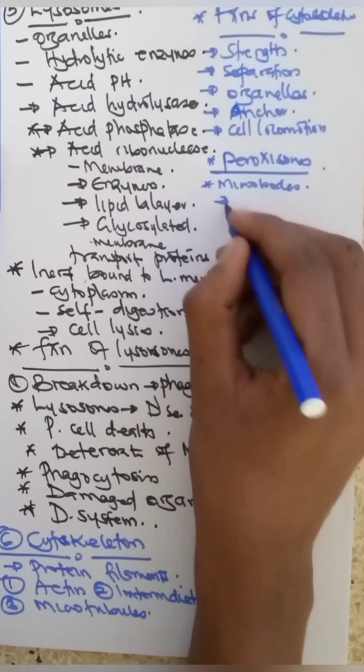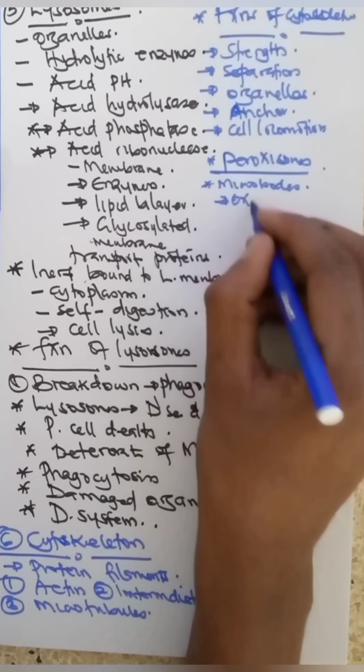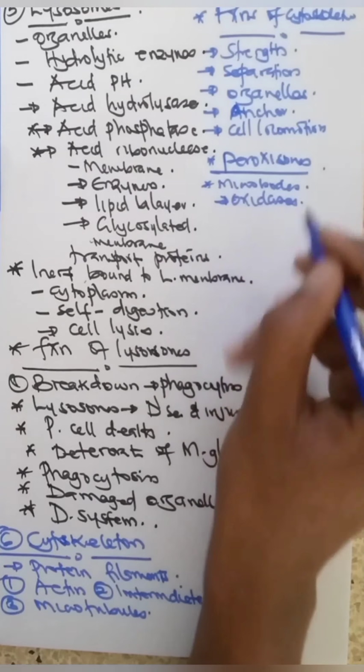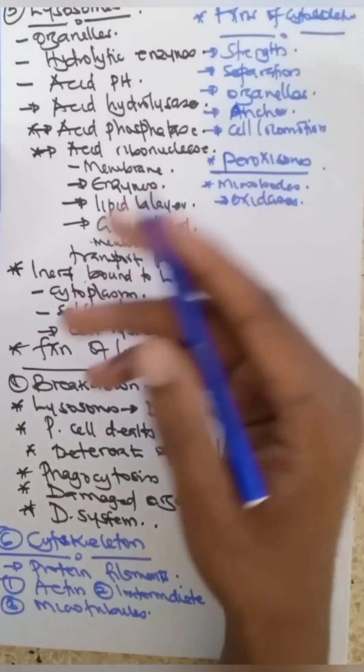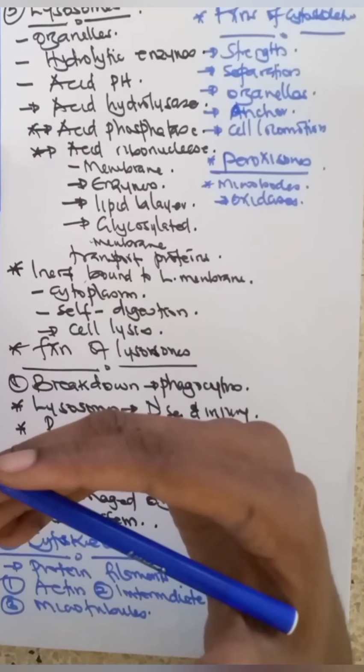These oxidases include catalase, D-amino acid oxidase, and others.